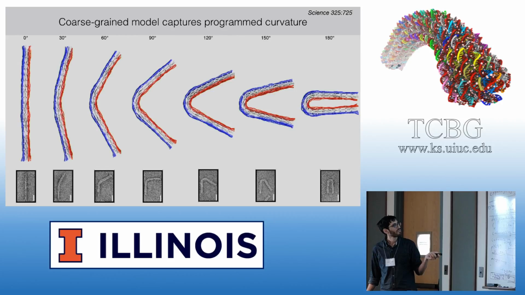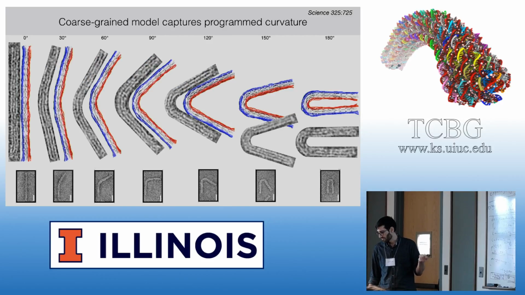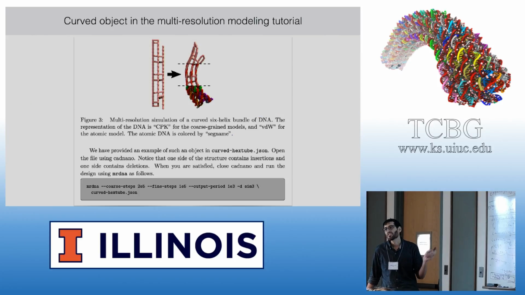But here with the mRDNA script, we're able to easily run these simulations and confirm that we get some reasonable looking result. So in the tutorial today, we have a sort of miniature example of this. We've made it really small so that it's easy to run on an Amazon workstation. You'll get a result in like 3 minutes or something.